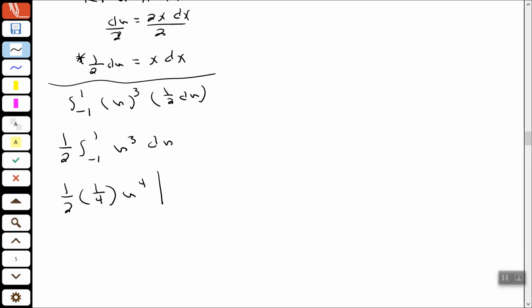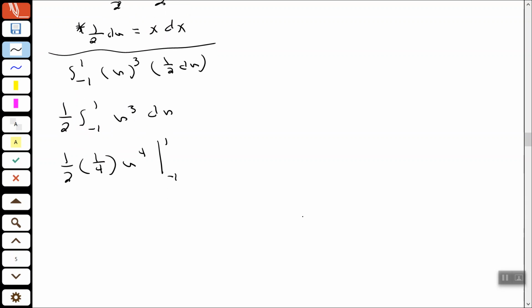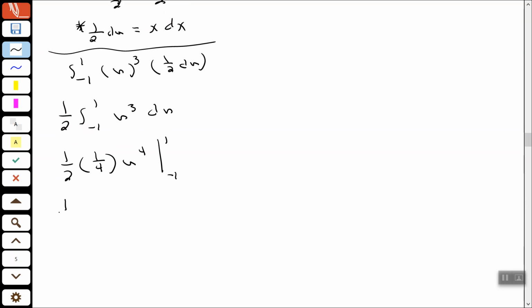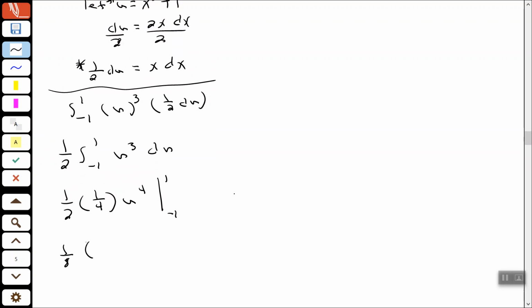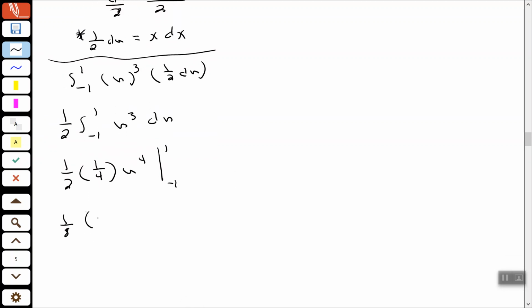And instead of plus c, we have a definite integral here, so we know we're going from -1 to 1. Let's write this back in terms of x. So we have 1/8, and then u is equal to x squared plus 1.